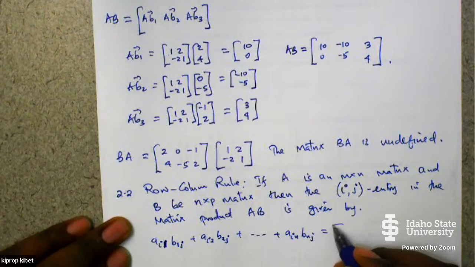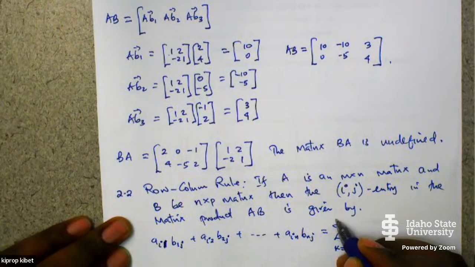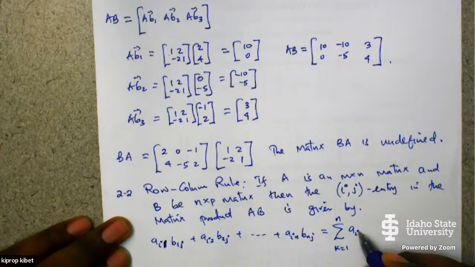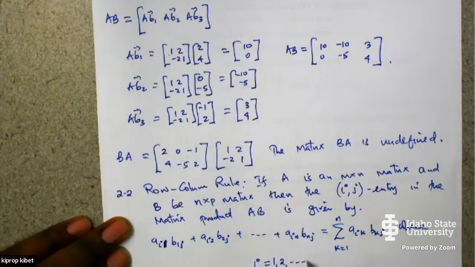This is the same as the sum for K equals 1 to N of A IK B KJ, where I goes from 1 to M, and J goes from 1 to P.